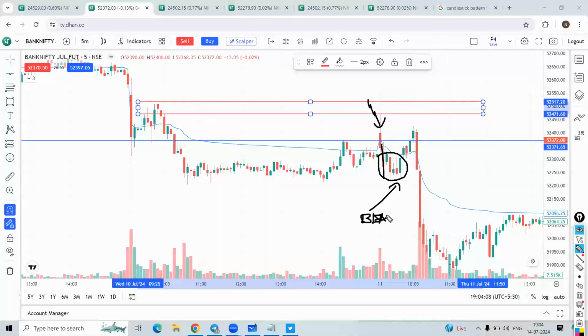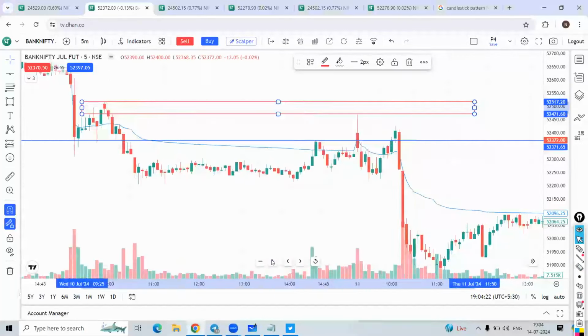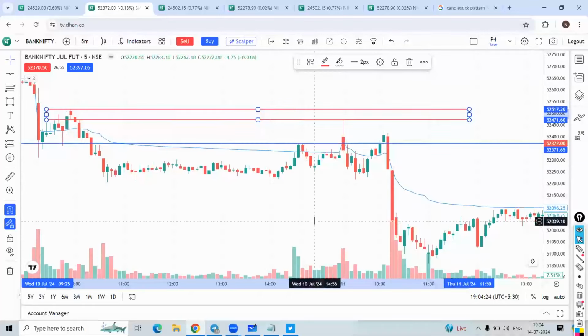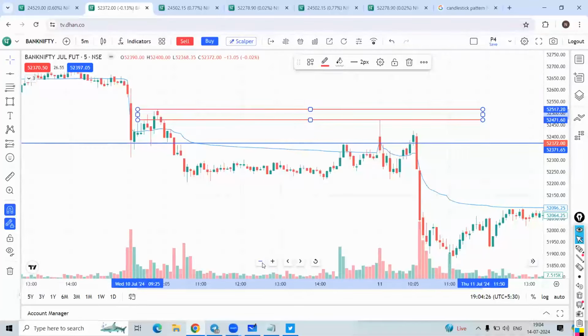These are all the information which a trader needs to grab during the live market. Market will not come and tell you, sir, will not spoon feed. Market never spoon feeds. You have to be ready to grab the information.